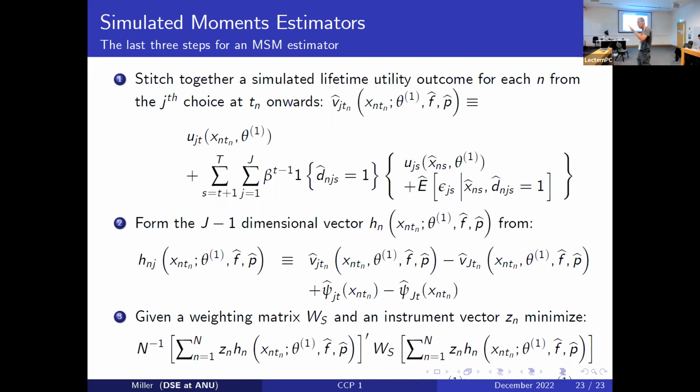If you impose restrictions on the way utility is affected by the X's or by the X's and the T's, then you have a chance of being able to estimate the beta.